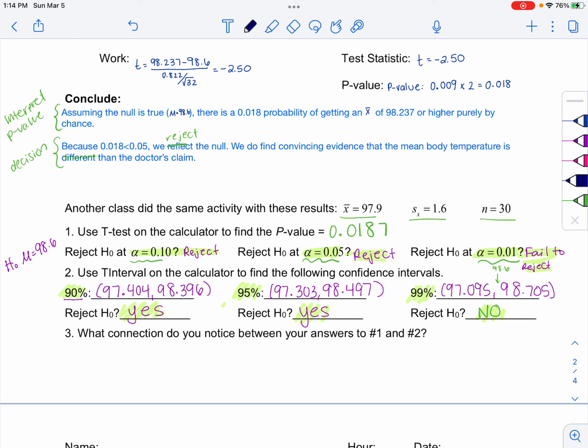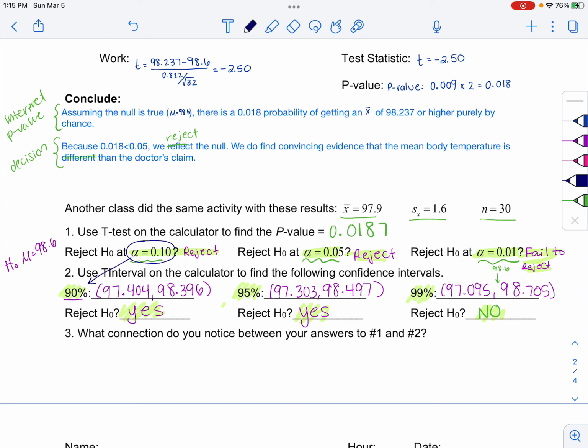Now, how do those relate to each other? Think about the significance level and the confidence level. Well, a 10% significance level is the same as a 90% confidence level.